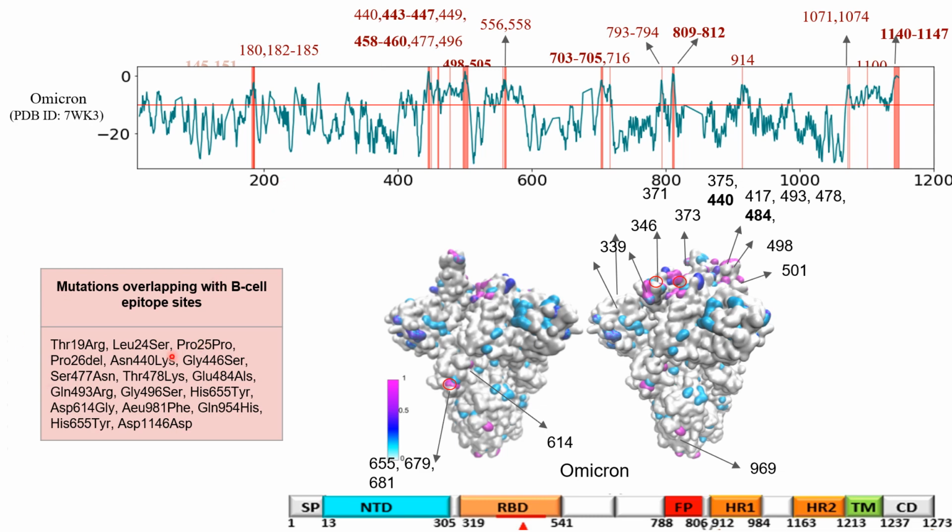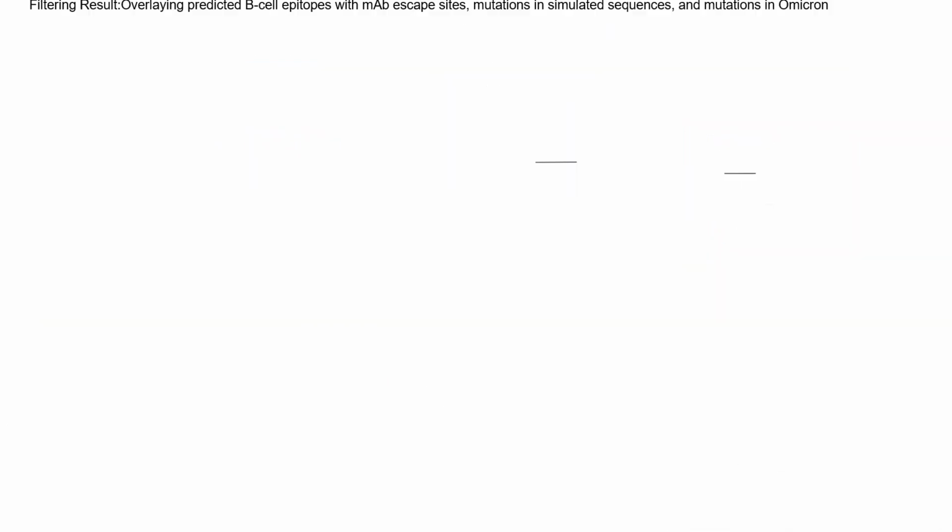Here's a listing of the mutations which overlap with the B cell epitopes from our data. When we visualize the mutations on the structure, we can see that mutations like 440 and 484 are also marked as B cell epitopes from DiscoTope, and also have high mutation frequencies.